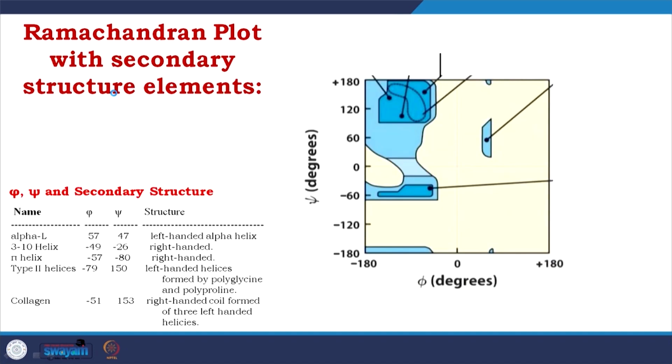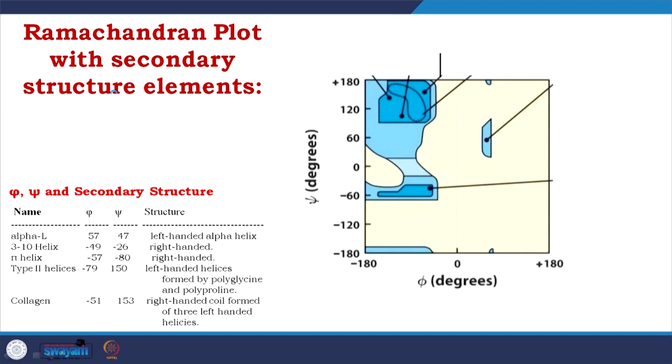So when we make a summary, we see that alpha L comes at phi 57, psi 47, and the structure is represented as left-handed alpha helix. For 310 helices, it is minus 49 for phi and minus 26 for psi, it is right-handed, we know.